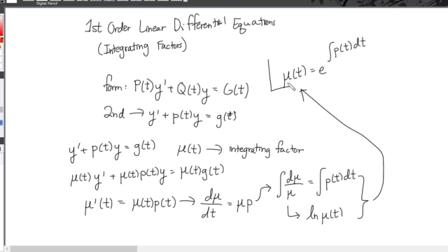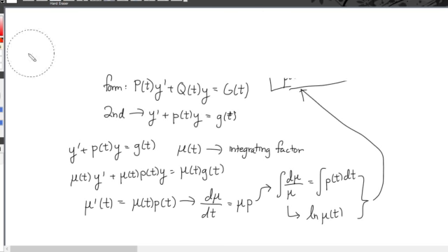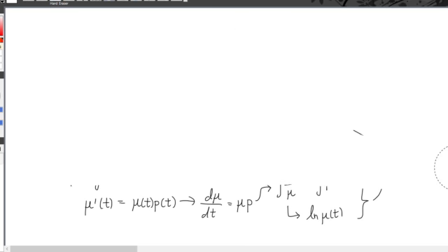And since we used the general form of the equation, this applies for any first order linear differential equation that's in this form. And if it's not in this form, then we can just convert it to this form. So without further ado, let's try a few examples.